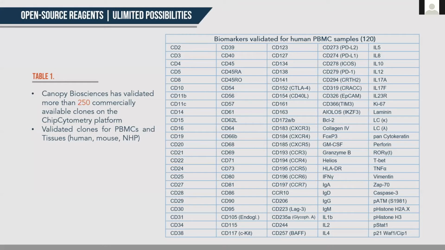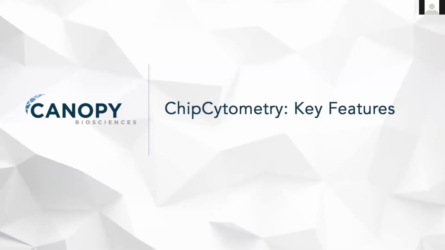As part of our service business, we've validated more than 250 commercially available clones on the ChipCytometry platform. Here's a list of the markers we have validated for human PBMCs. We have other panels for human and mouse and non-human primate PBMCs and tissues.